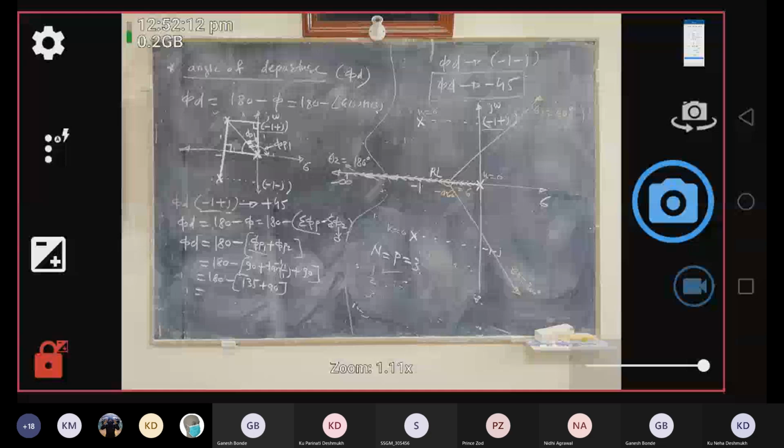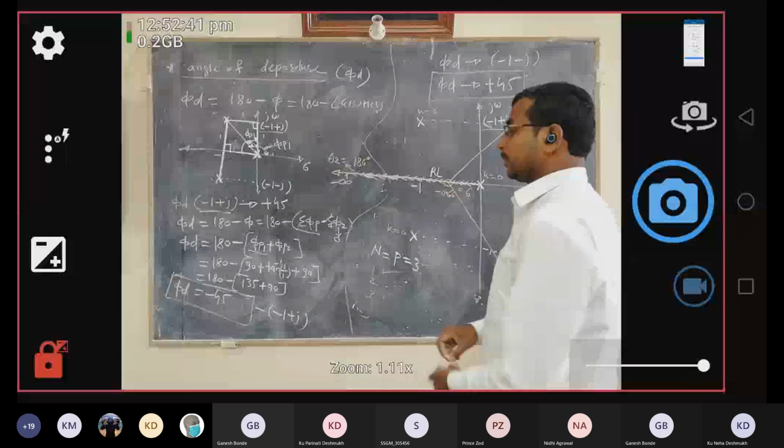So 180 minus 135 plus 90 will be minus 45. So phi d is minus 45. This is for minus 1 plus j, and for minus 1 minus j, it is plus 45. So now it is the correct one.